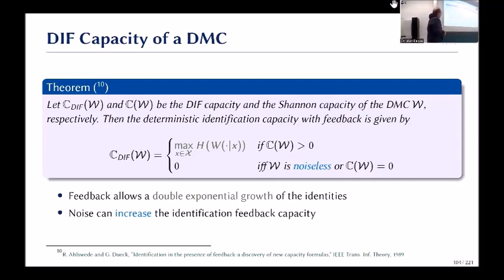So if your channel is more noisy, then of course you can create more common randomness because of the noiseless feedback. You cannot do anything if the channel is totally noisy, so it's capacity 0. But otherwise, if the channel is noisier, you get a bigger capacity. So that's the reason noise can increase the identification feedback capacity.